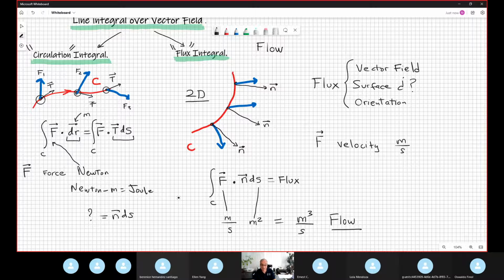I promise that not today, but this week, we are doing it in 3 dimensions. Because to start doing it in 3 dimensions, we need other tools that you don't know now. To explain the flux in 3D is more complicated. But today I want to try to explain the flux in 2 dimensions.